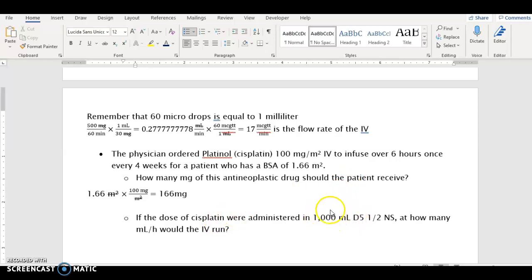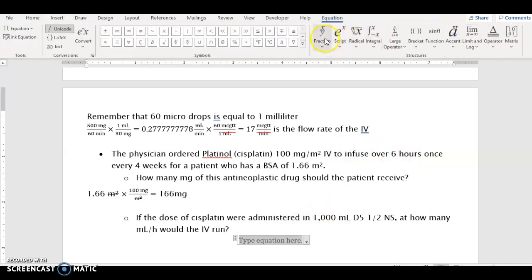We have the volume of solution, 1,000 milliliters, and the time of the infusion, which is 6 hours. Remember, flow rate is equal to volume divided by time, so 1,000 milliliters over 6 hours will give us that flow rate in milliliters per hour.